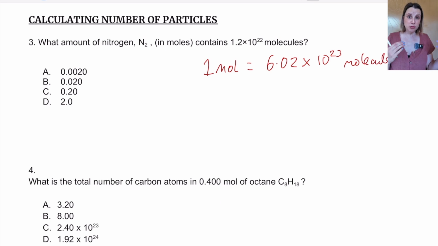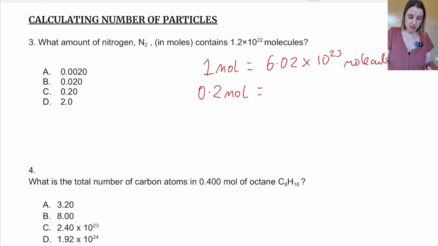If I look at the options for the answers here, they all are like 2, 0.2, 0.02, etc. So if I transfer my stuff into the 0.2s, that makes a bit more sense overall. If I've got 0.2 moles instead of the 1 mole, that means I've got a fraction of this here, and it's going to relate to this number at the top.